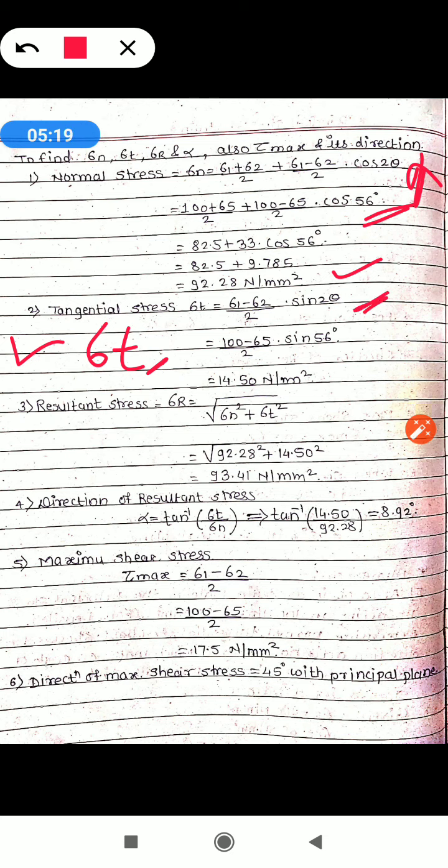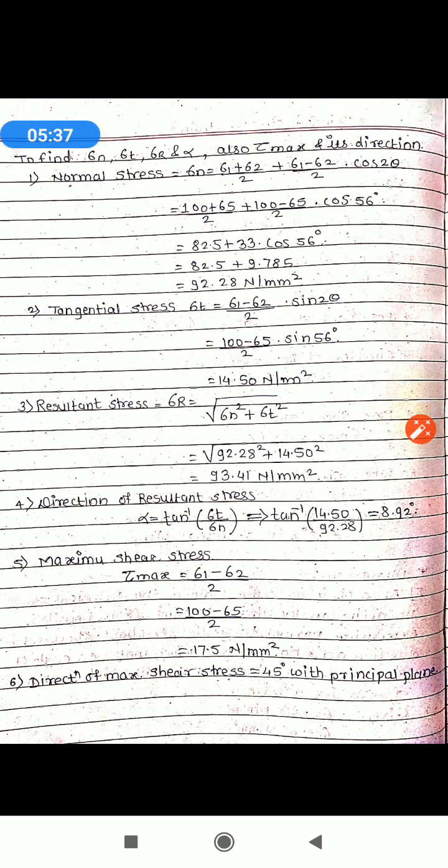Putting the values of sigma 1 and sigma 2, 100 minus 65 divided by 2 into sin 56 degrees, our answer is 14.50 Newton per mm square. Here we find the stress, so that is why our unit is Newton per mm square.